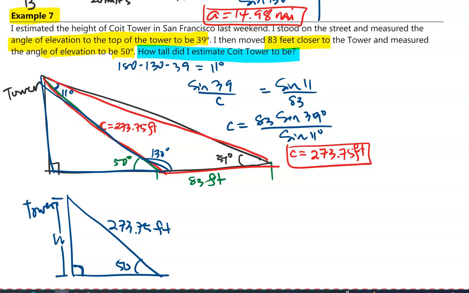So again, SOHCAHTOA, so we can use sine of 50 degrees is equal to opposite over the hypotenuse. The opposite side is the height, and the hypotenuse is 273.75 feet.